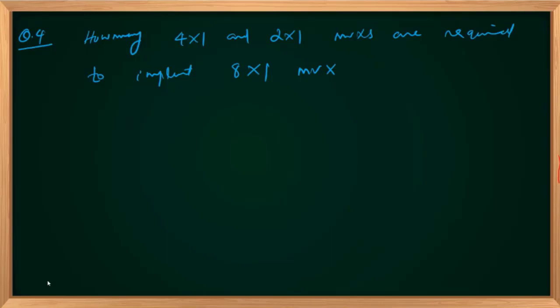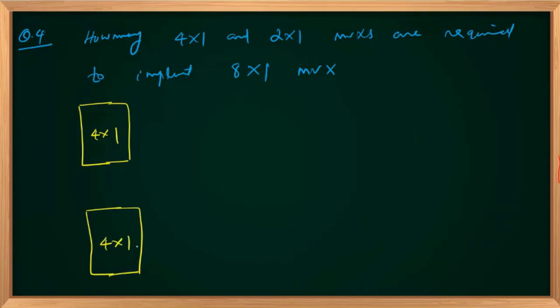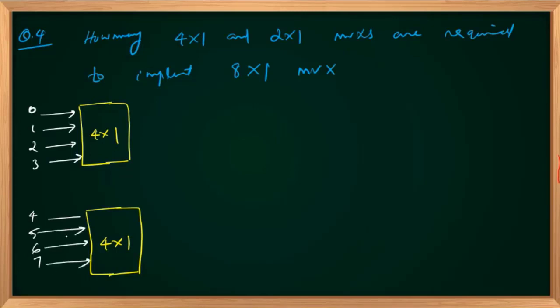Okay? We can solve that very easily. How many inputs will an 8 by 1 mux have? It will have 8 inputs, right? So we must place two 4 by 1 muxes on the input side. 4 inputs will be here: 0, 1, 2 and 3. Okay, 4 inputs here. Then 4, 5, 6, 7. So in total 4 plus 4, 8 inputs. That implies we'll have 8 inputs.